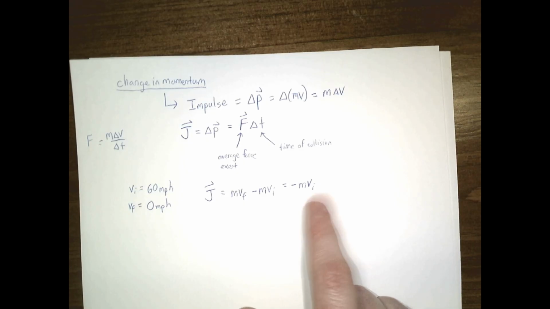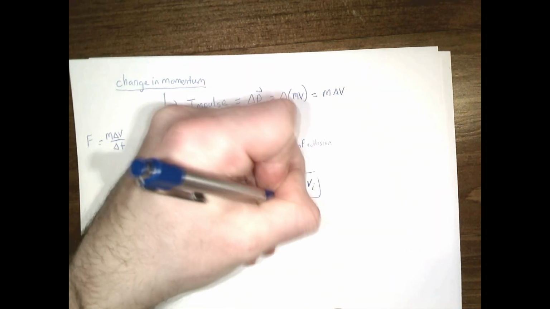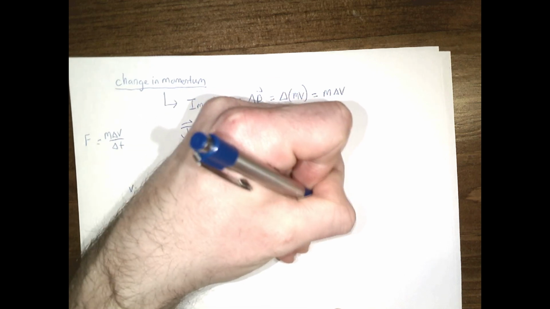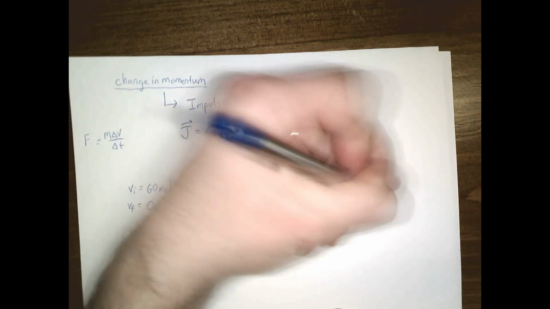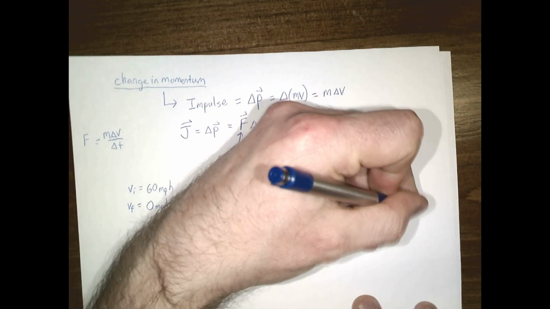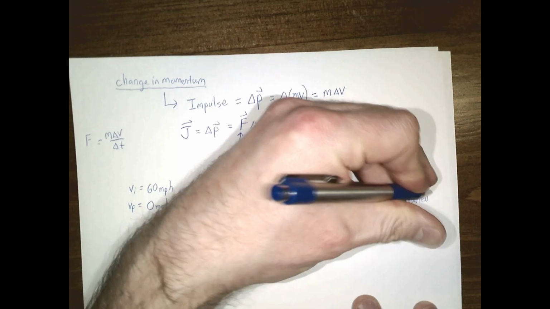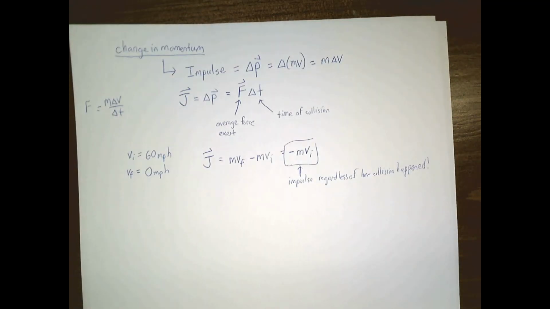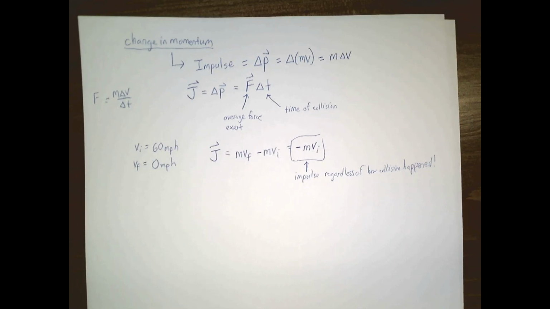But even though we always have this impulse, regardless of how the collision happened, things can happen in that collision to change the outcome for the driver, hopefully for the better.